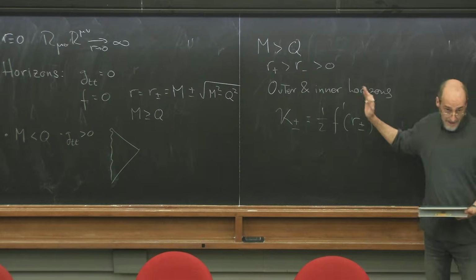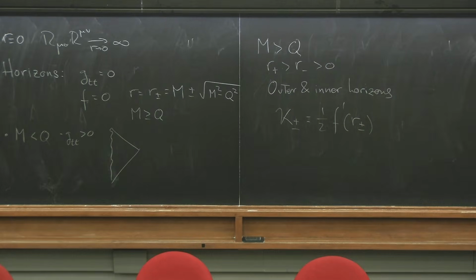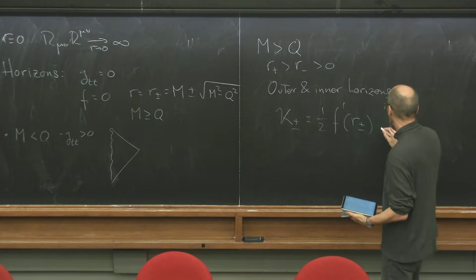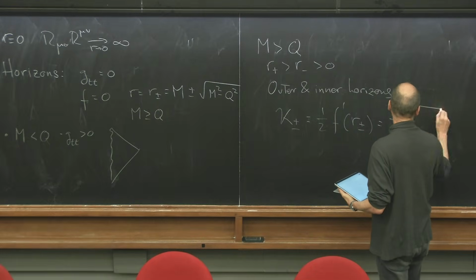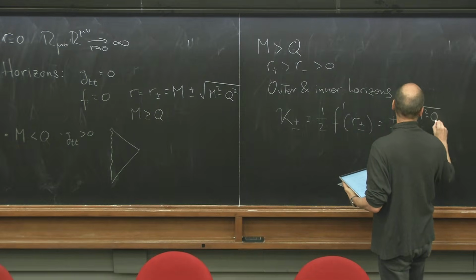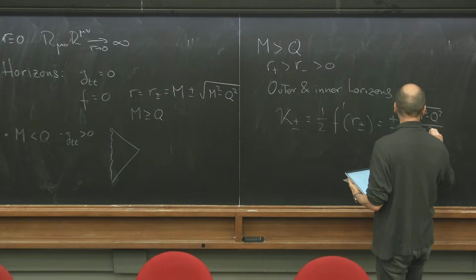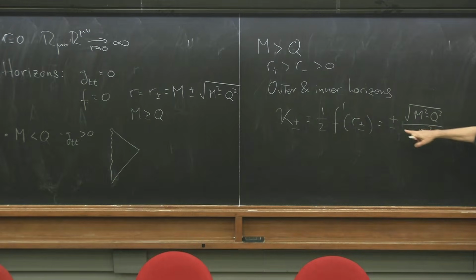This gives you an idea of the gravitational field strength at the horizon. And here you see that the surface gravity for the inner horizon is negative, reflecting what we were saying before. That's a repulsive surface. You have to accelerate in order to get to that.